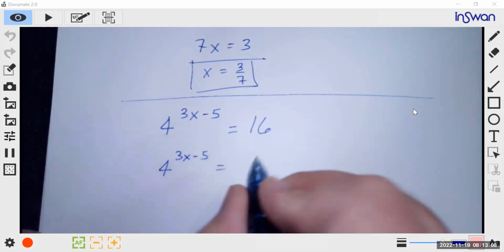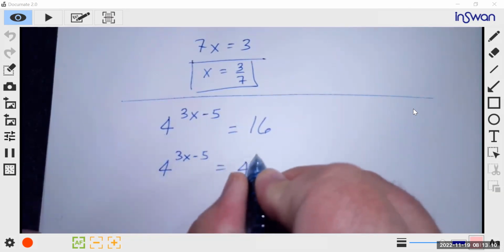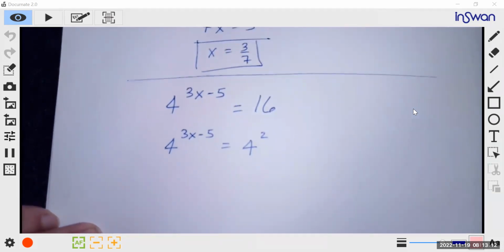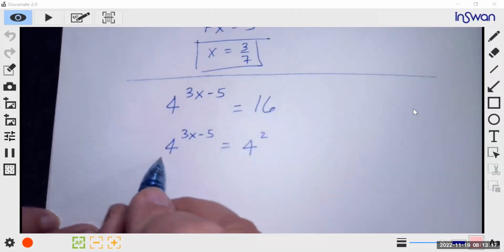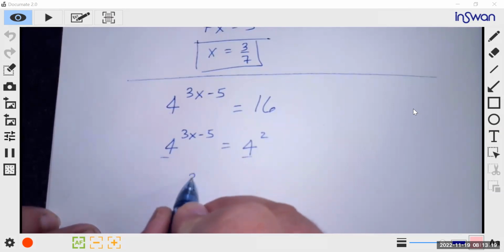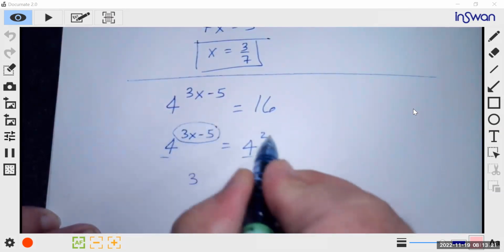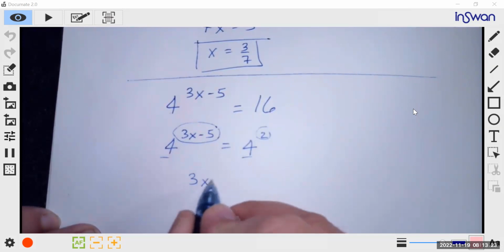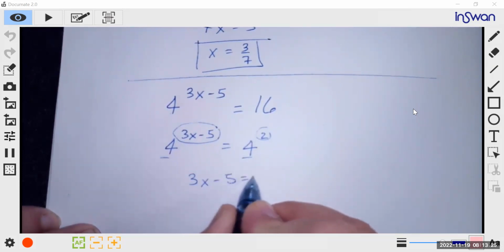This is 16. 16 is actually 4 times 4. Since we have the same bases, we set the exponents equal to each other. 3x minus 5 equals 2.